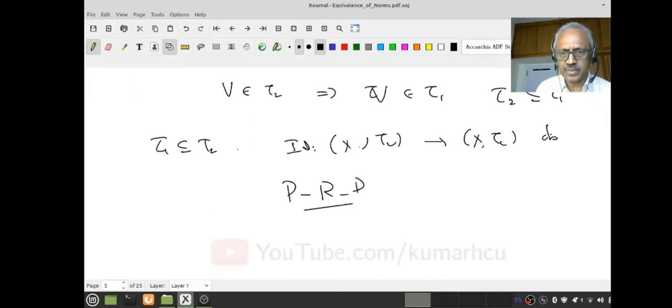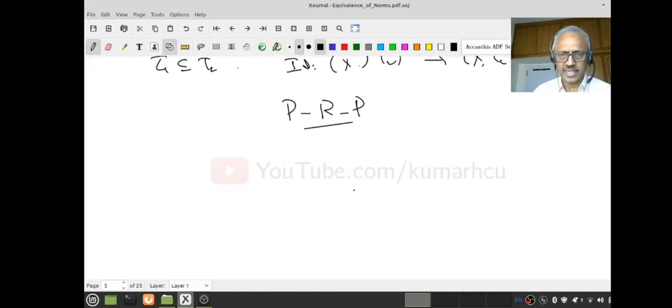What have I shown? I have shown that given a set, two topologies tau 1 and tau 2 are the same if and only if the identity map from (X, tau 1) to (X, tau 2) is a homeomorphism. This you must have learned in topology, and if you have watched my topology lecture, again you would have learned. Anyway, I have given a complete proof now.